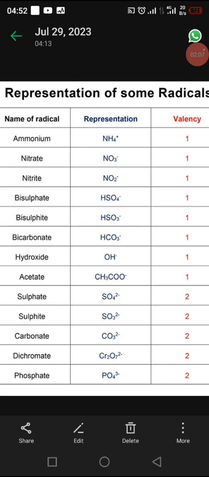having the radicals that have been presented to you, we've got ammonium with one valence, nitrate with one valence, bisulfate. In this case, I'll just explain a little bit those that have other names. Bisulfate might be called hydrogen sulfate. Again, I've got bisulfite, which is HSO3.